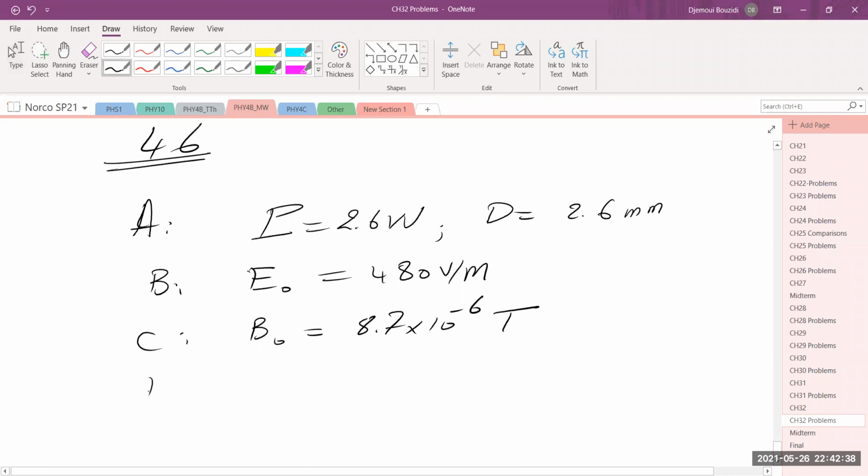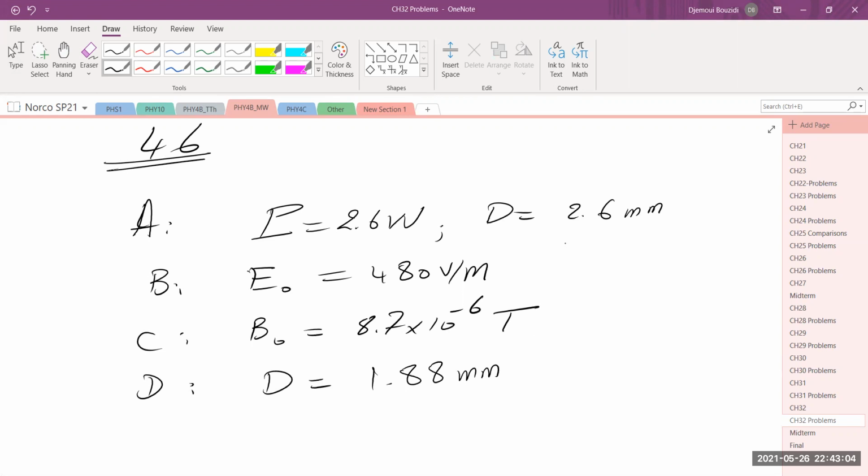Laser D, they give you a cylindrical beam, diameter D is 1.8 millimeter. In other words, it's narrower than the other one, very narrow. And the force on a totally reflecting surface, basically the force on a reflecting surface, is equal to 6 times 10 to the negative 8 newtons.